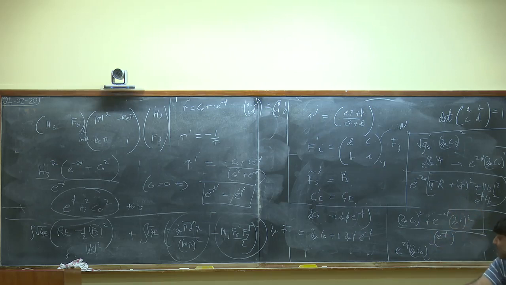Under this, what happens to F3 and H3? Up to a sign, they just get interchanged. What you're doing is interchanging the three-form field strengths from the Ramond and the NS sectors. Now, it's not true that what you're doing is interchanging the two scalars.